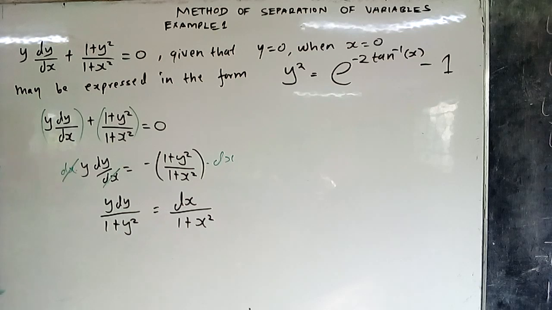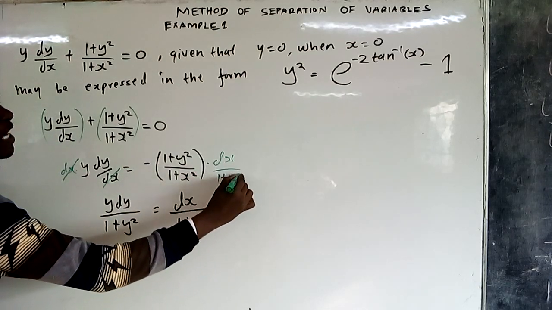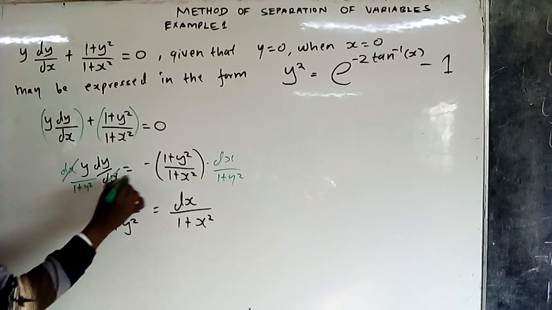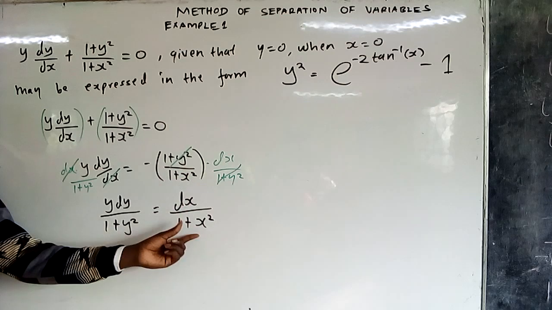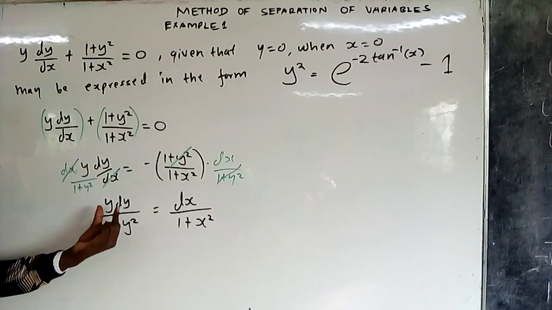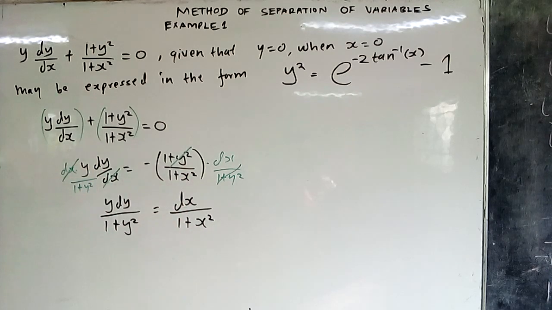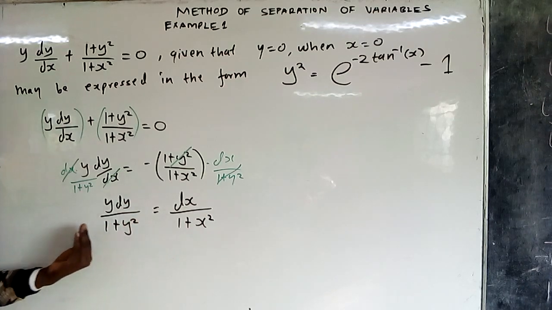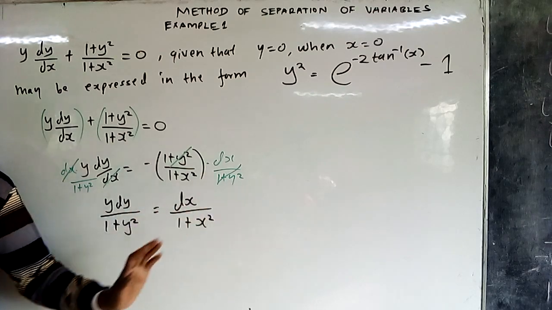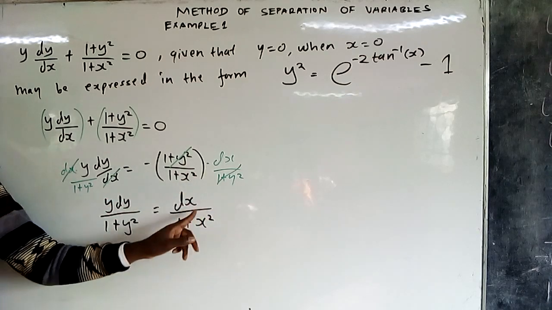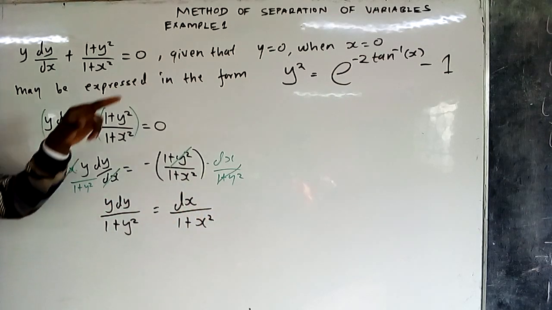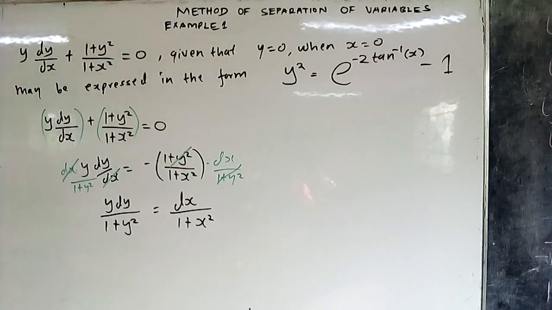Then we've divided both sides by 1 plus y squared to get rid of that, so that we've ended up with dx over 1 plus x squared on one side, and y dy over 1 plus y squared on the other. So we are able to separate the y variables on their own and the x variables on their own, meaning where there is y you cannot see x, and where there is x you cannot see y. That means the method of separation of variables is the method to be applied in solving that problem.